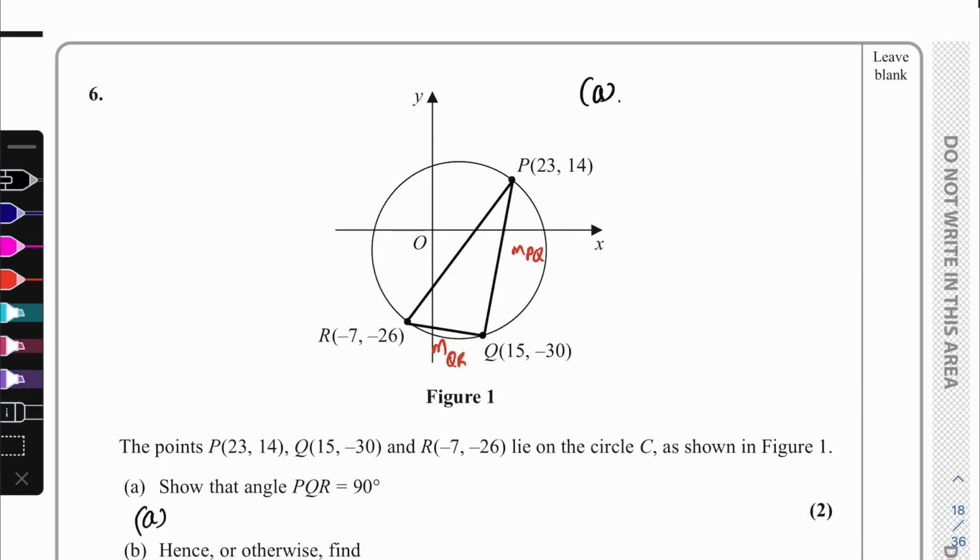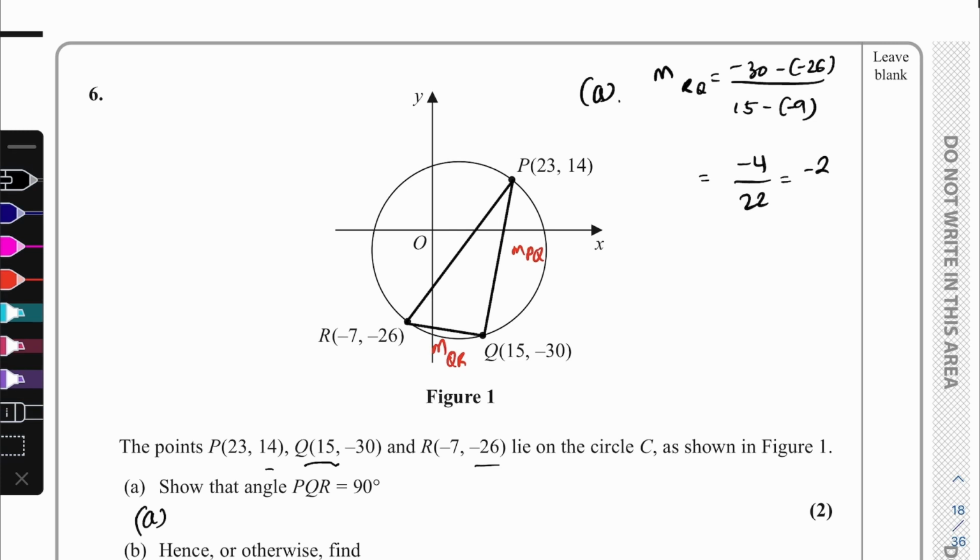So now we need to find m of RQ. That's the change of y, right? So we know Q is minus 30 minus minus 26, all over 15 minus minus 9. So that's the difference of minus 4 on the top, all over 15 minus minus 9, which is 22.